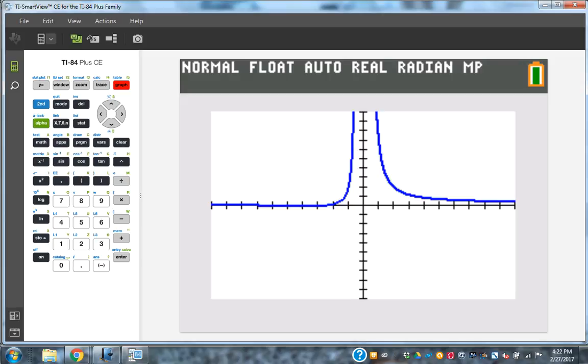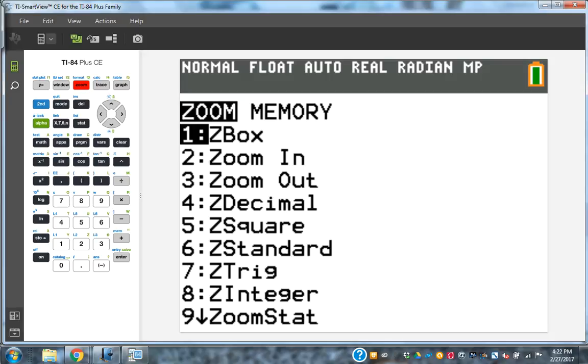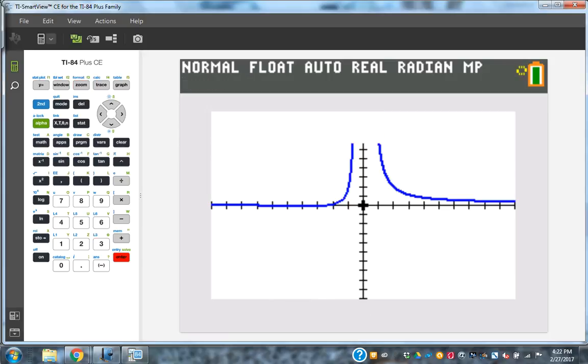Intercepts, we've got x-intercepts. We can see where it's hitting the x-axis. There's a piece of the graph we don't see here at the bottom. Remember, we got a y-intercept at negative 12, so I'm going to have to zoom out a little bit so you can see that bottom piece.